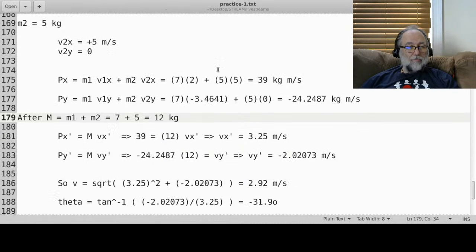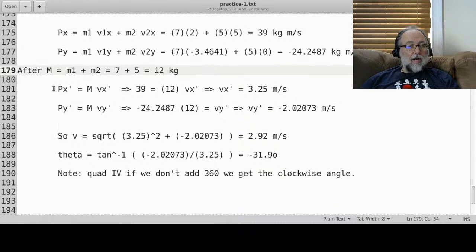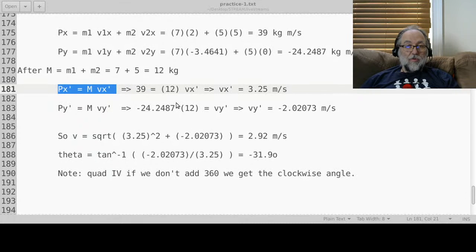Now the momentum after, the x component, is going to be mvx, where m is the combined mass, and vx is the x component of the velocity of the combined mass afterwards.